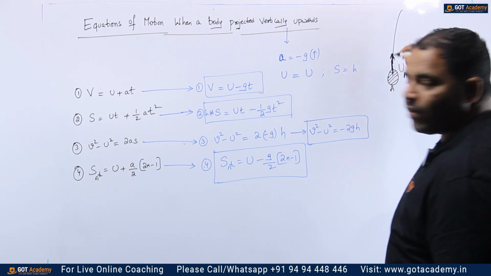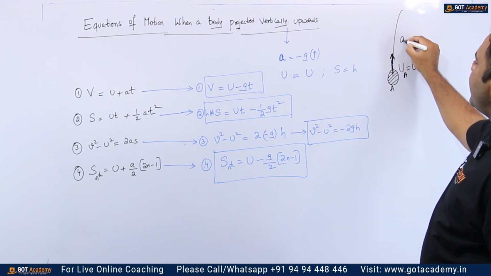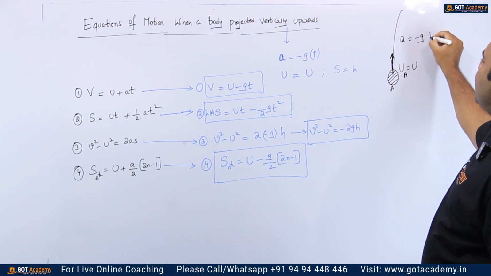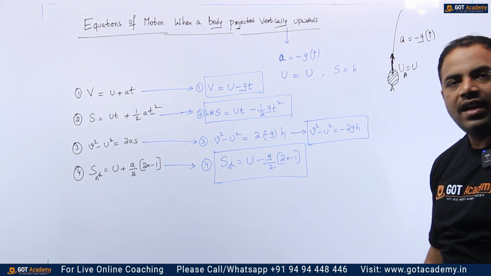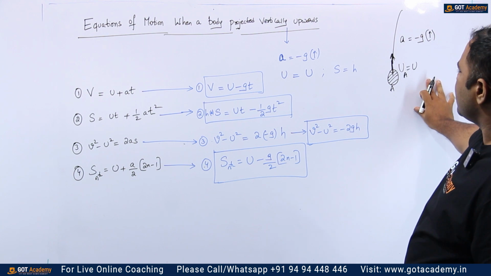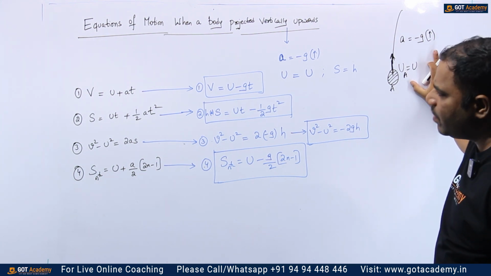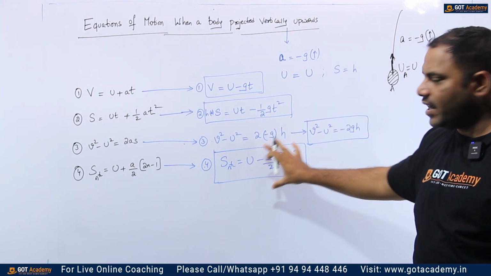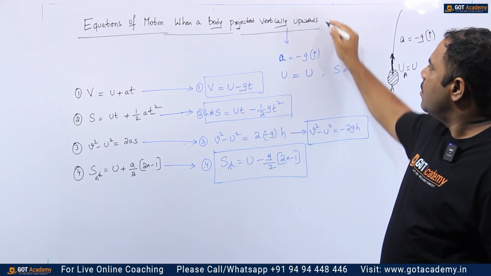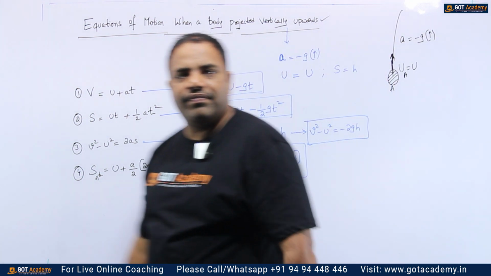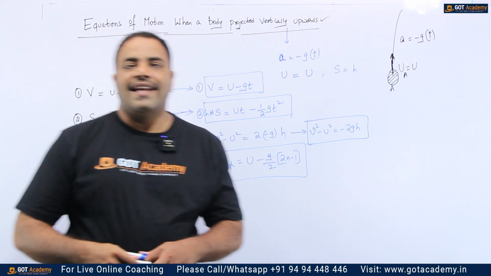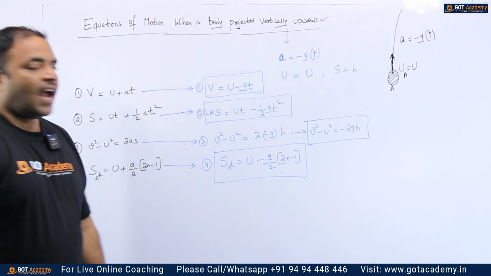Since it is going in upward direction, I have to take the acceleration as minus g, as its direction is upwards. Clear? So by taking these two possibilities, we could change the equations and get these final equations for a body projected vertically upwards. Is it clear? So now we'll go for the next topic. I hope it is clear.